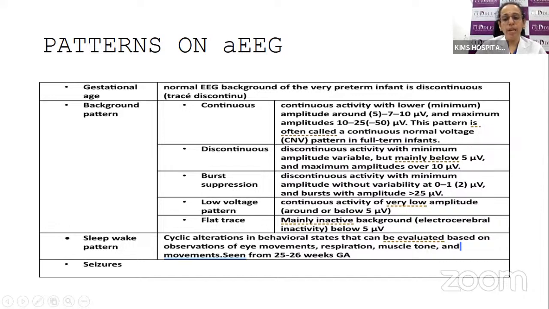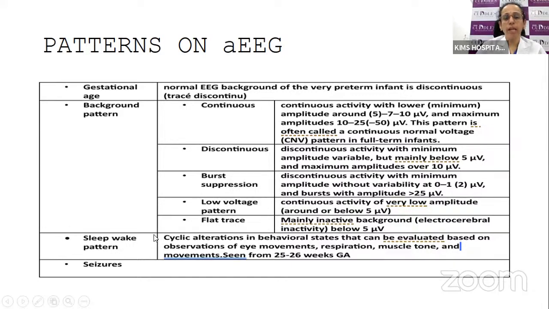Flat trace is mainly an inactive background with electrocerebral inactivity below 5 microvolts, and we should call it a flat trace. So the discontinuous, burst suppression, low voltage pattern and flat trace are all abnormal backgrounds, and continuous background is a normal background. After noting down the gestational age, we should comment on the background pattern, and then we will see the sleep-wake pattern.